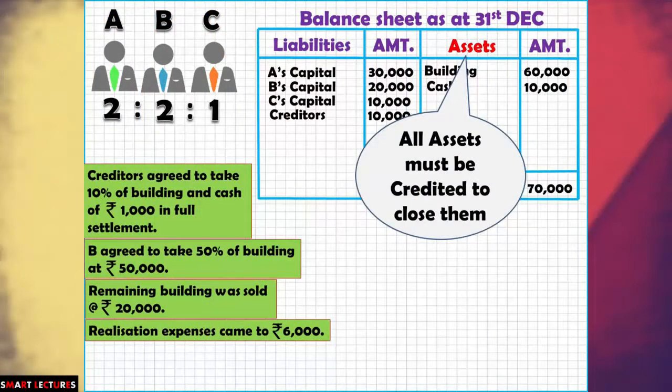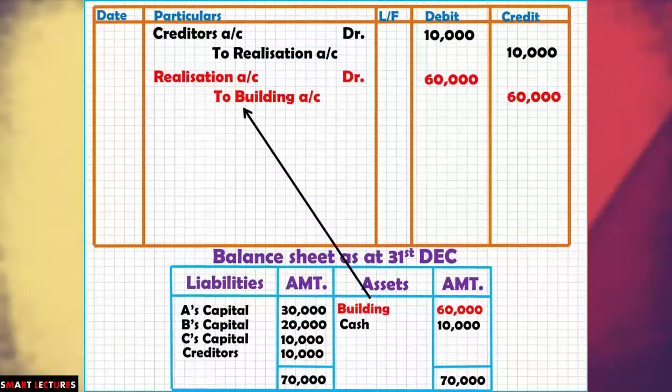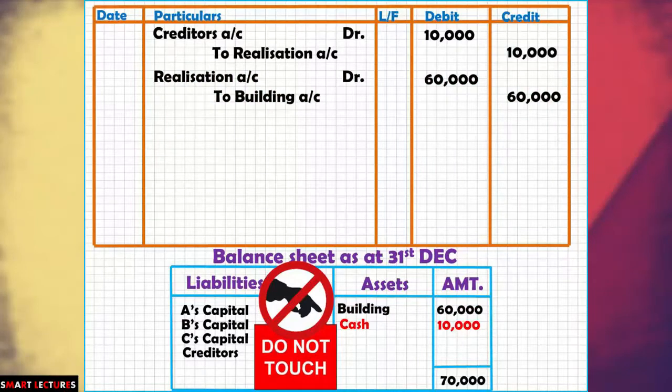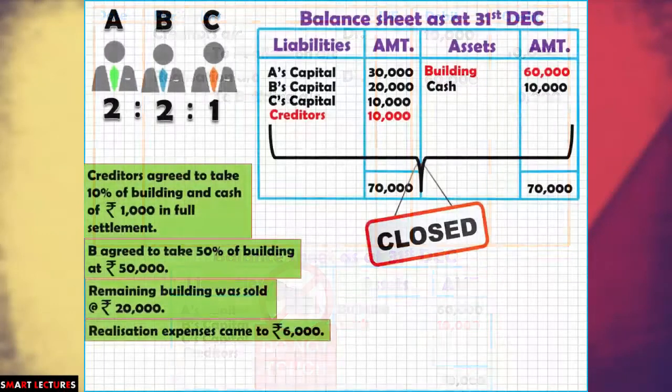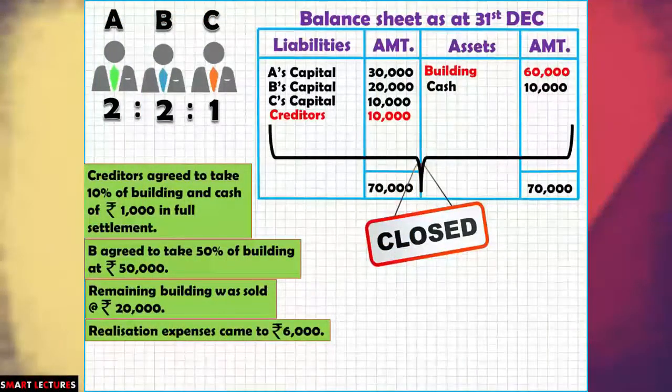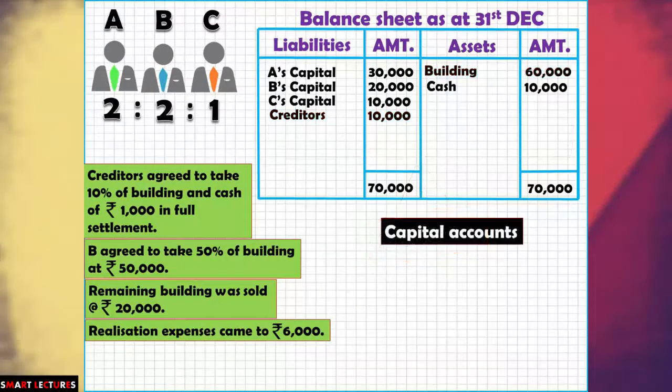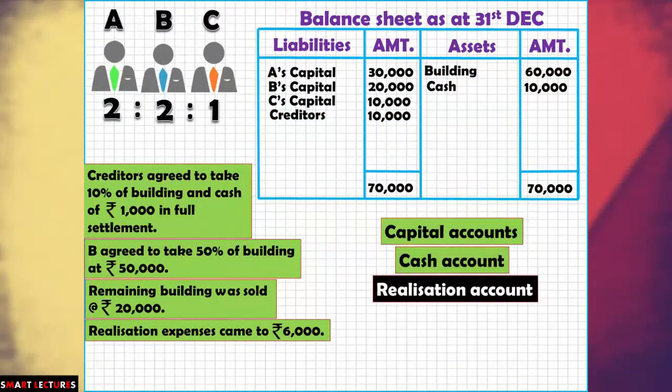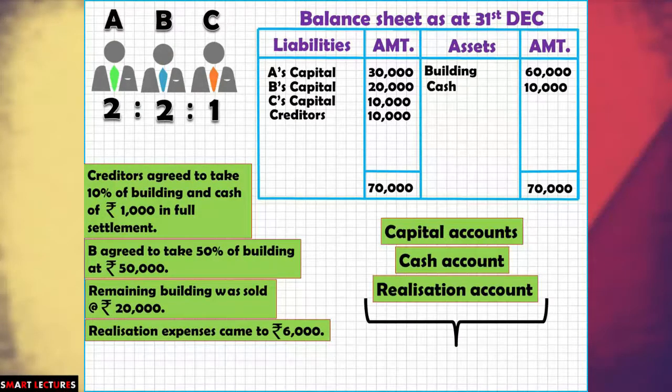All assets must be credited now to close them. So realization to building rupees 60,000, we cannot touch cash account. So at this moment all accounts are closed and we have only three accounts: capital account, cash account and realization account. So in the further journal entries, only three accounts will get involved, not any other.